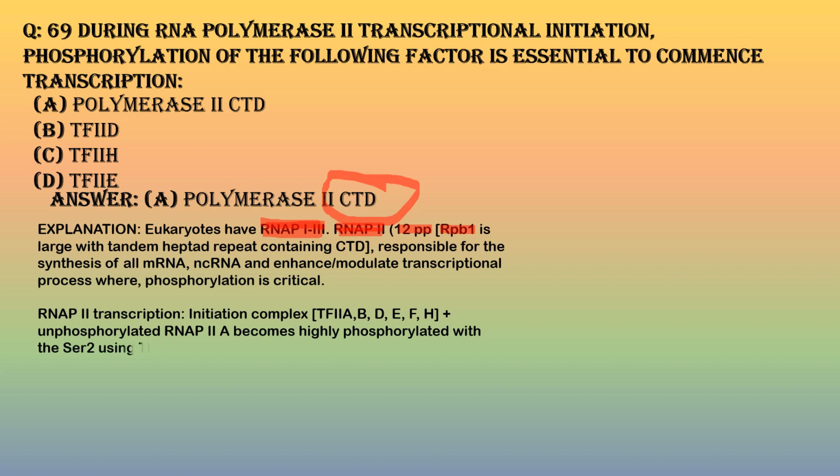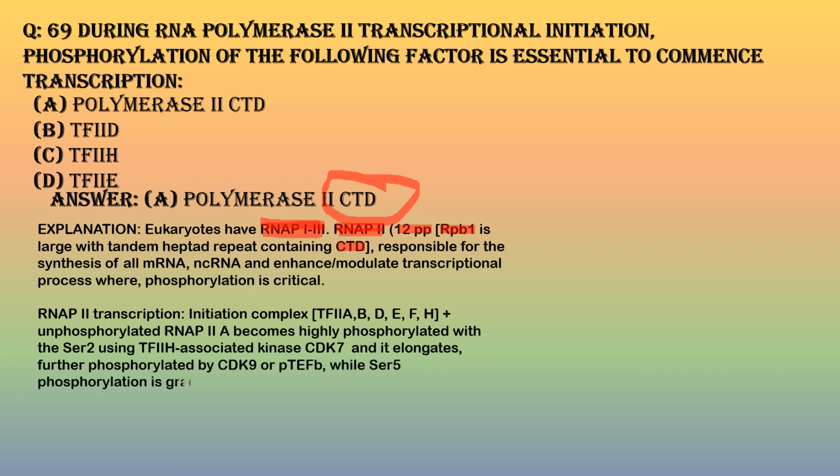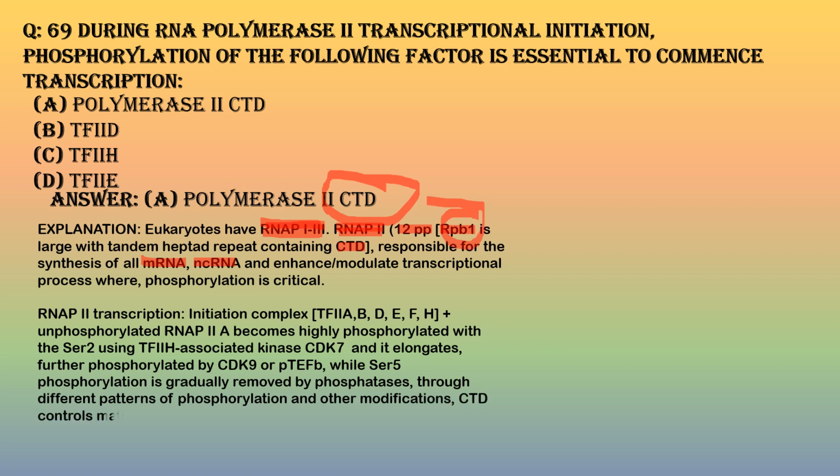This heptad repeat containing CTD, like C terminal domain, is responsible for synthesis of mRNA and non-coding RNA. This RPB1 enhances or modulates the transcriptional process.